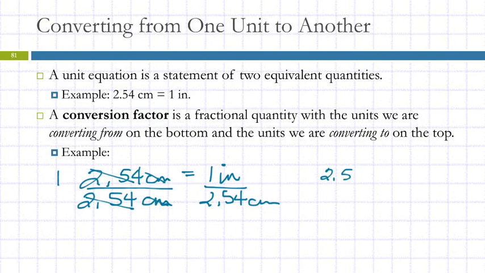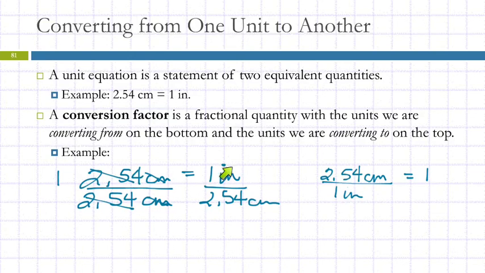We could also write 2.54 centimeters over 1 inch. If I take 1 and invert it, is it still 1? 1 divided by 1 is still 1. If I take this fraction and invert it, because it's equal to 1, it's still equal to 1. So from each unit equation, you can get 2 conversion factors. Any questions?